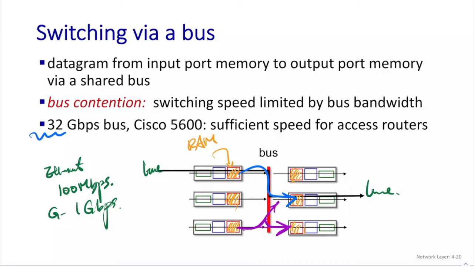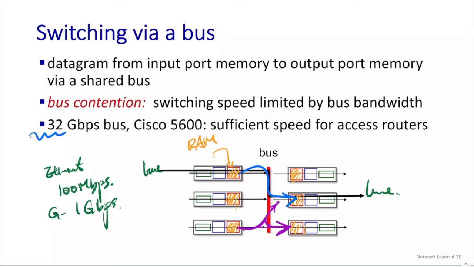Okay, so when a packet comes in, it is stored at the input port memory, and after the calculation, the router decides which port it should go to, and it simply makes one copy of the packet from input port to output port. For example, the blue one, the blue line. Of course the switching speed is also limited by bus bandwidth, but you don't have to divide it by 2.